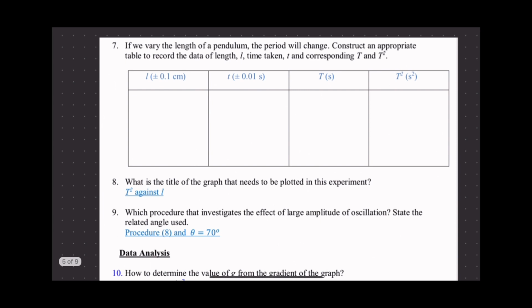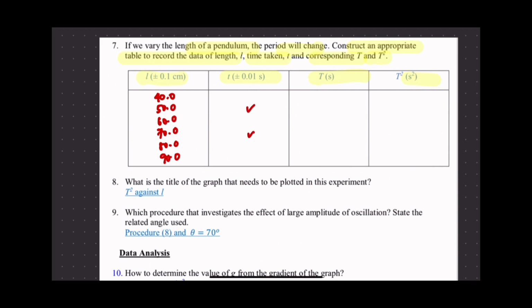Okay, next. If we vary the length of the pendulum, the period will change. Construct an appropriate table to record the data: length, time taken, and corresponding T and T squared. So this is the data you need to take. For length, you need to use 40.0, 50.0, 60.0, 70.0, 80.0 and 90.0.